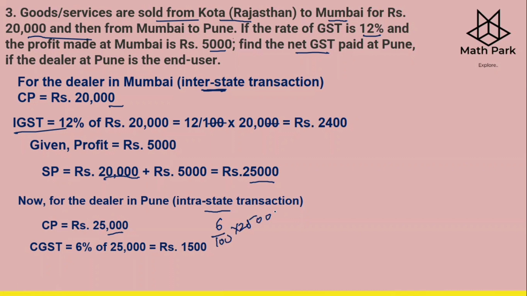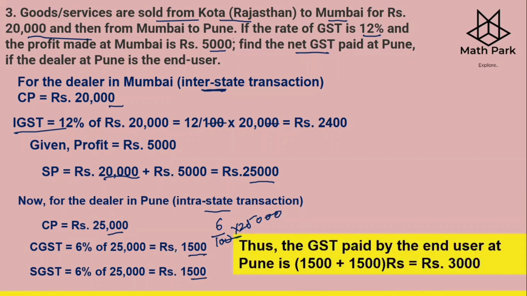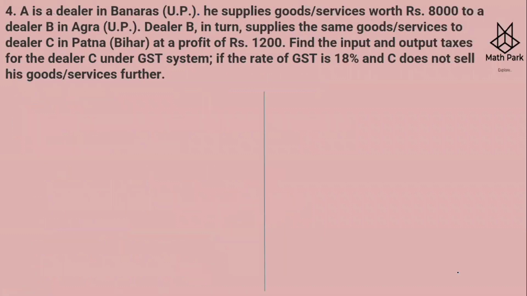These two zeros get cancelled, and 25 into 6 is 150, that is how 1,500. SGST is going to remain the same because it is 6% of the same amount, 25,000. Then the GST paid by the end user at Pune is going to be this 1,500 plus 1,500, that is rupees 3,000. Got it? Easy. Question number 4.